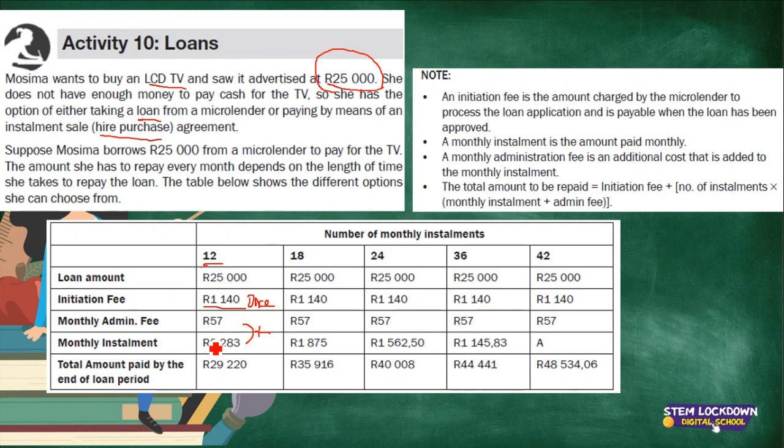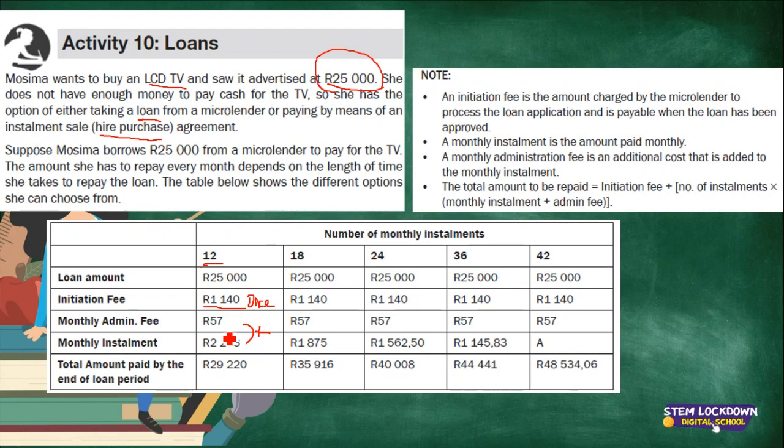Every month she has to pay, right? So let me first add these two because every month she pays those two. So 57 using your calculator, 57 plus 228, which is your monthly repayment.